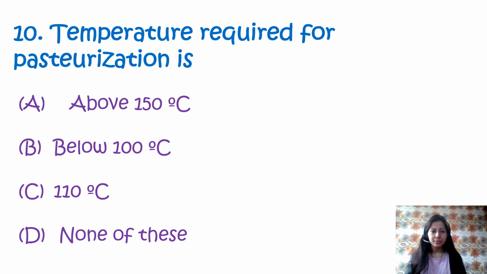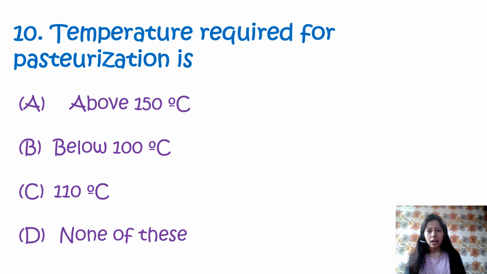Question number 10. The temperature required for pasteurization is option A above 150 degrees Celsius, option B 100 degrees Celsius, option C 110 degrees Celsius, option D none of these. So pasteurization में हम mainly two types पढ़ते हैं, that is LTLT, low temperature long time, and HTST, that is high temperature short time.